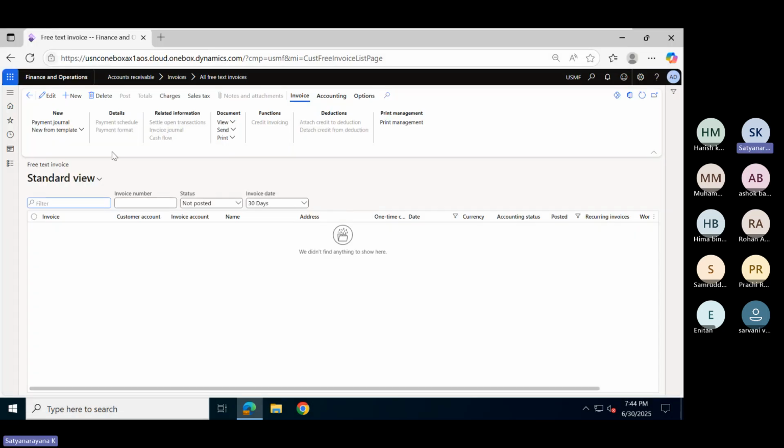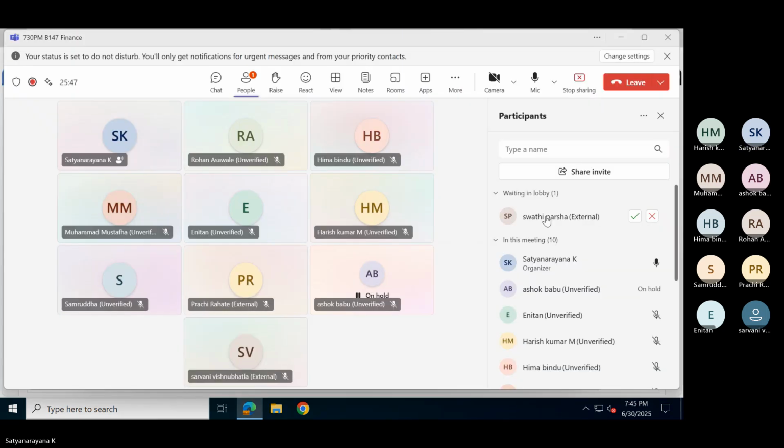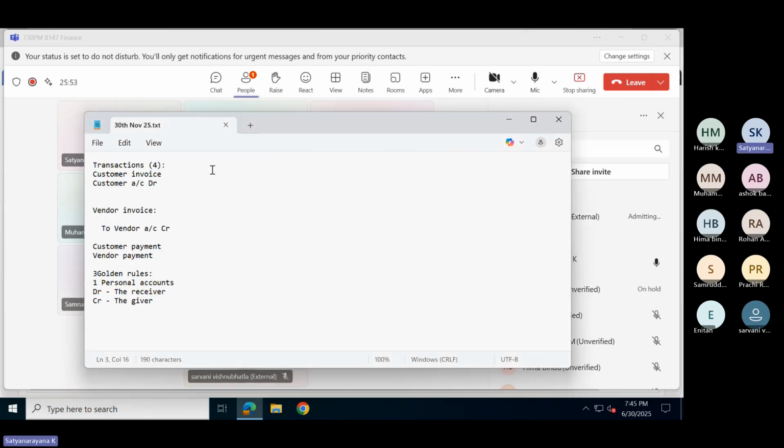Now you can click on the new button. Let me write down the path: accounts receivable, invoices, free text invoice. So the customer invoice.